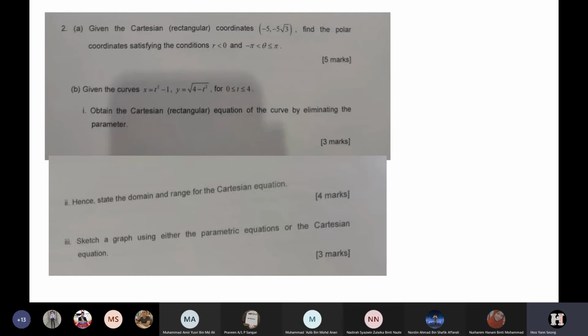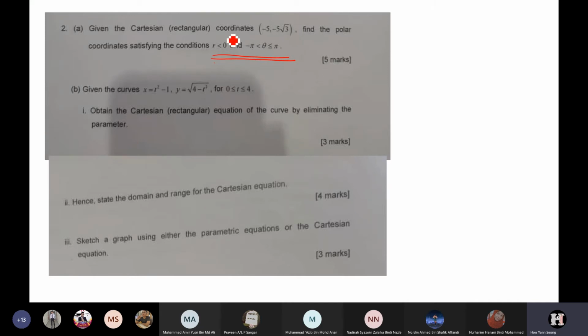Okay, now this question: given the Cartesian or rectangular coordinates is (-5, -5√3), find the polar coordinates that satisfy the following conditions. Actually this one I think is in my slide also, so it doesn't matter.